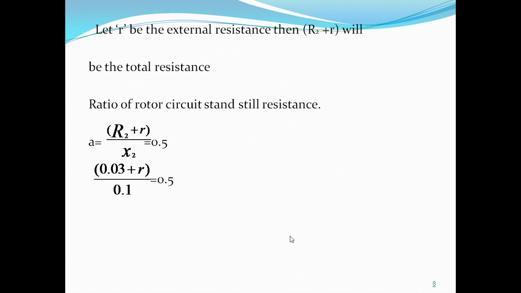We have to do cross multiplication, that is 0.1 into 0.5, and next subtract 0.03. R is equal to 0.5 into 0.1 minus 0.03. That gives the external resistance to be added in series as 0.02.